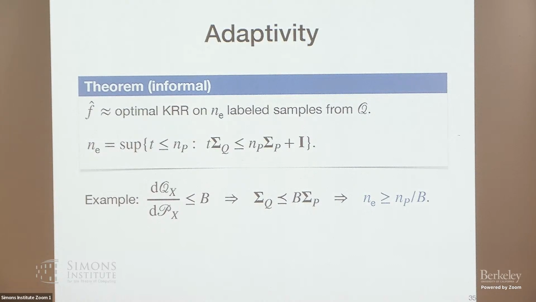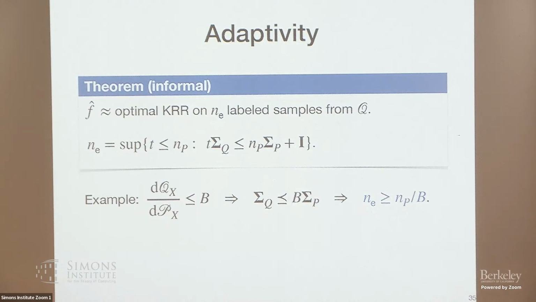So the likelihood ratio is bounded by a number B. And if this is the case, then immediately we see the target covariance matrix is bounded by B times the source covariance matrix. You can immediately get it from the likelihood bound. And if this is the case, you look at the effective sample size, you get a lower bound. The effective sample size is at least the source sample size over this ratio B.